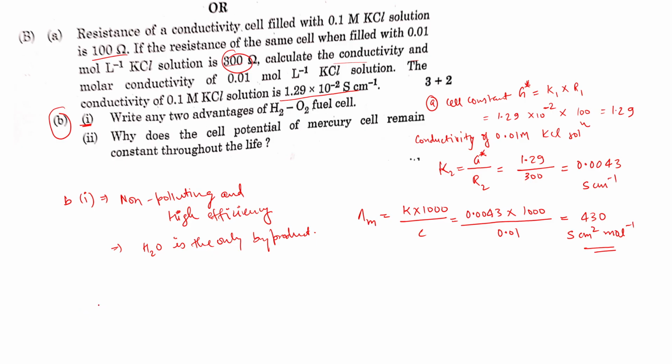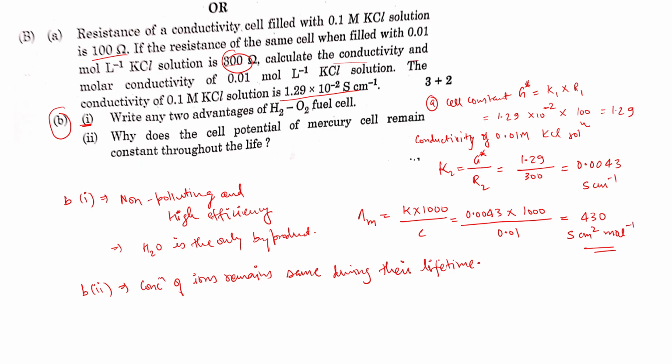Okay, and then for part 2 of B: why does the cell potential of a mercury cell remain constant throughout its life? Very straightforward question. This is because the overall reaction does not involve any change in the ions, meaning the concentration of ions remains the same throughout their lifetime.